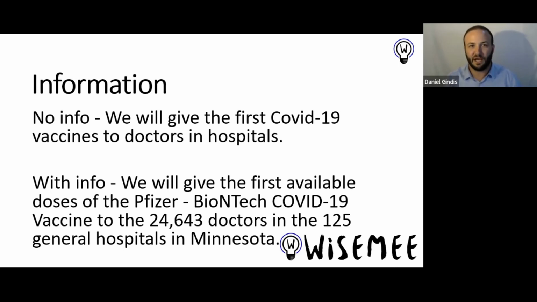This is not, we're going to help doctors somewhere, somehow. It's how many doctors in how many hospitals and where. It's the same sentence, but one with information, exactly what we're going to give to how many people, where, versus not.